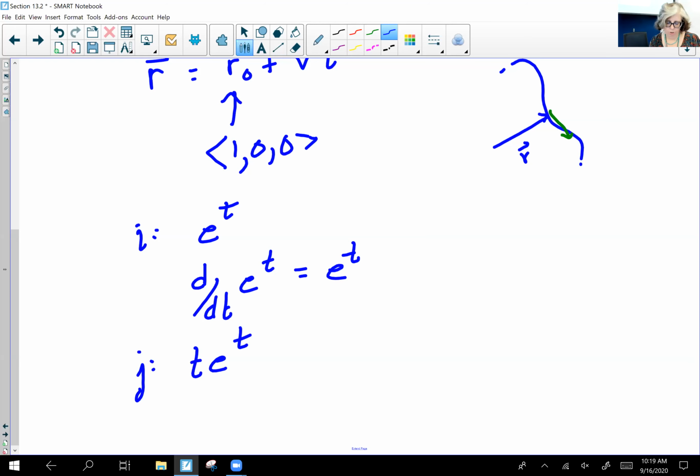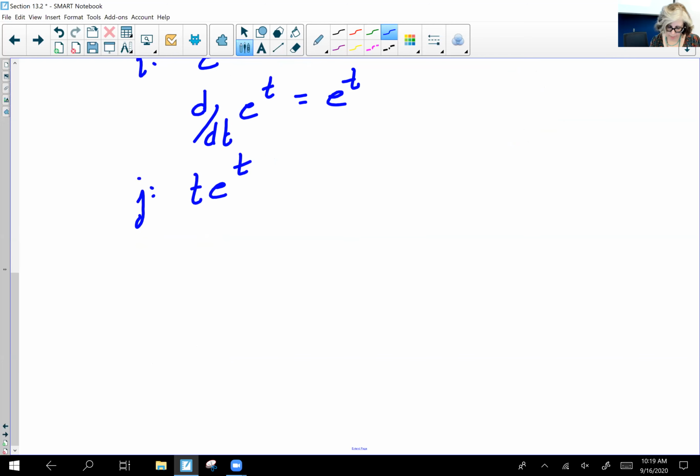All right, so what do I need to use to be able to do that? I need to use the product rule. So what are we going to have then?